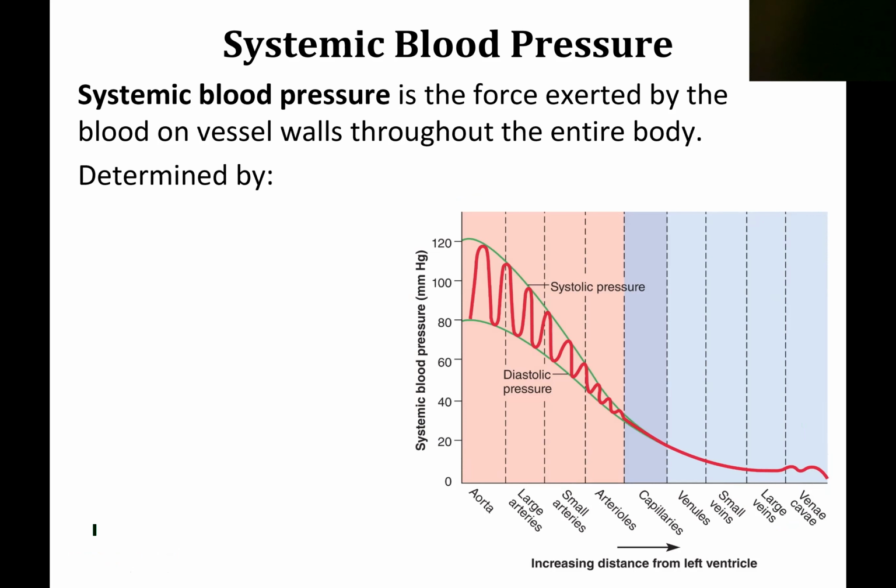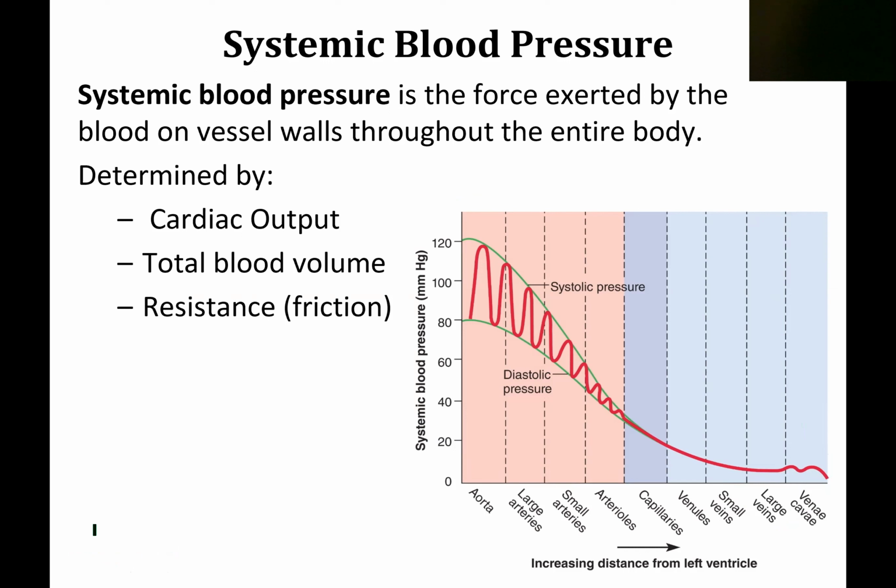There are three things that determine systemic blood pressure: cardiac output, total blood volume, and resistance or friction.